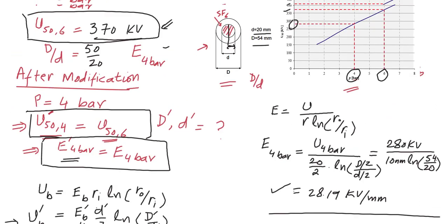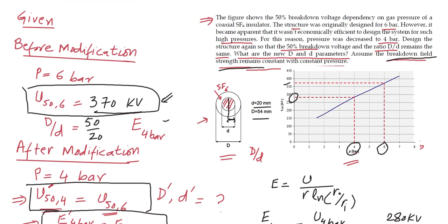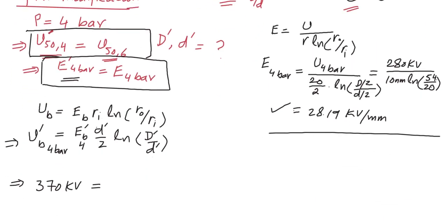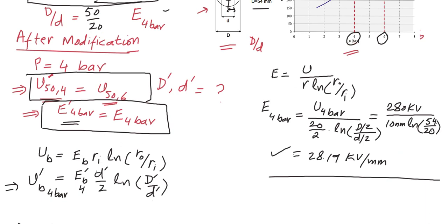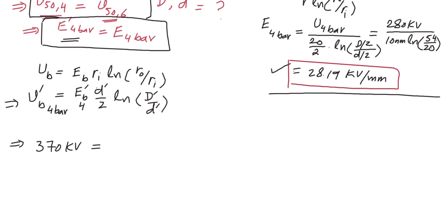Also, in the last statement of the question, we were given that the breakdown field strength remains constant with constant pressure. That means at 4 bar, whatever breakdown field strength we had, we must have the same now.